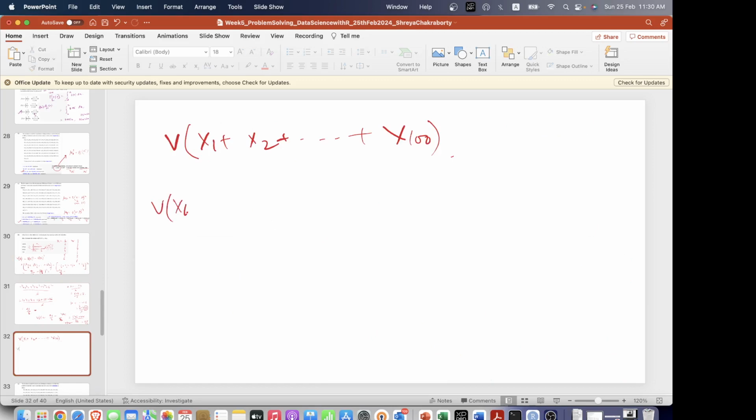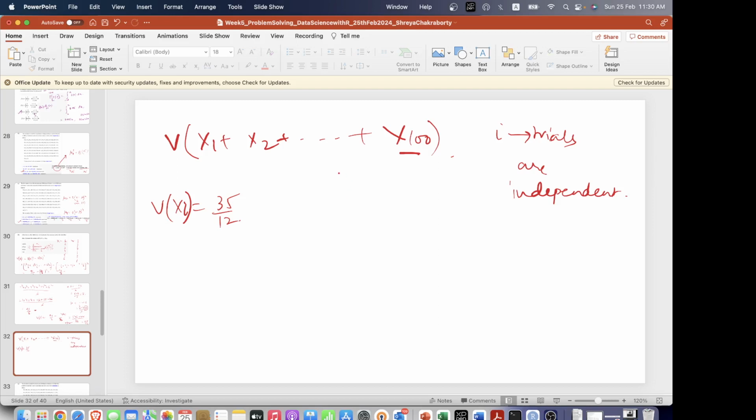So variance of each of the xi's is 35 by 12. Now, all the trials are independent. Whatever will come up in the first trial is not depending on what will come up at the 100th trial. Do you agree?